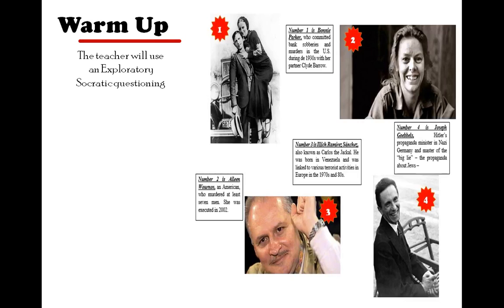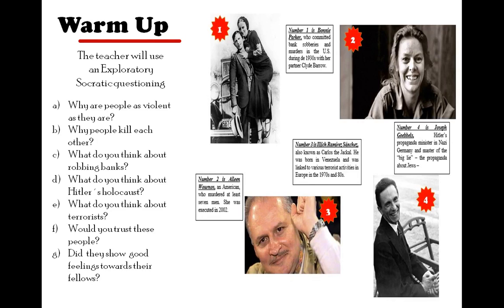Let's begin with the lesson plan, the warm-up. After greeting the students, the teacher will ask them to work with a partner. She will give them a sheet of paper with a murderer's photo and a brief description of each one.